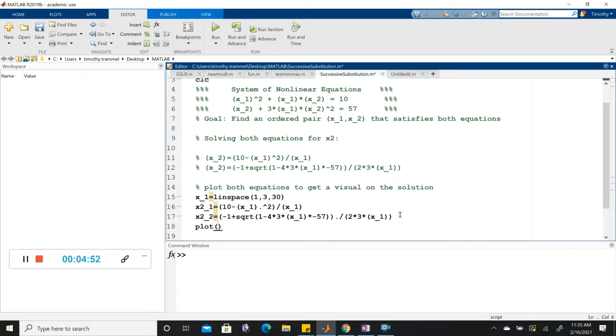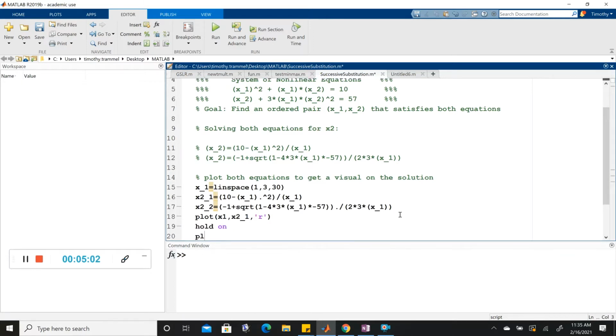So I'm going to want to do plot, x1, x2_1, and why don't we make this one red, and we'll hold on and plot another one.